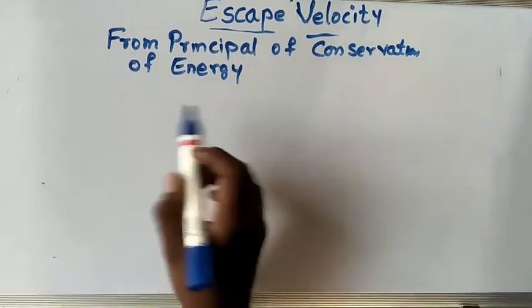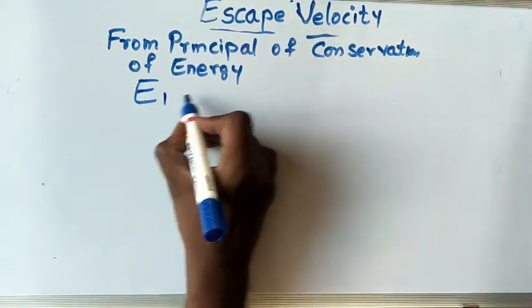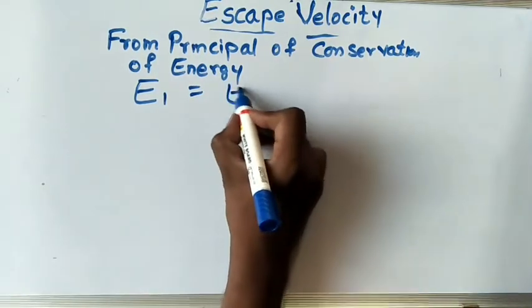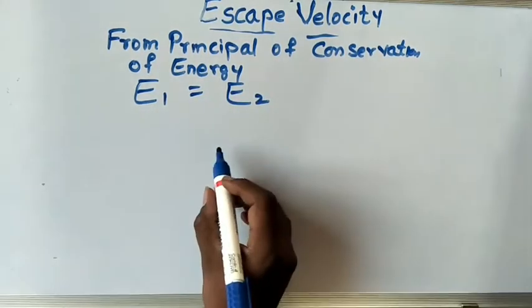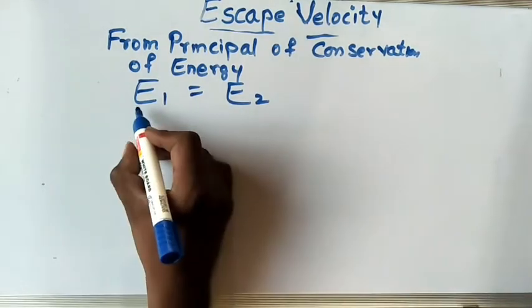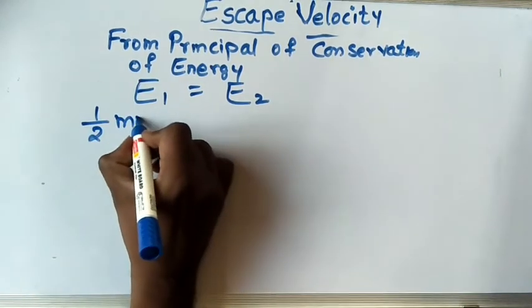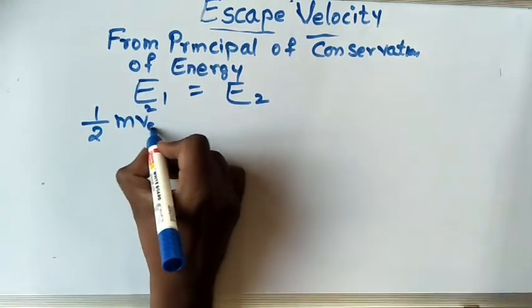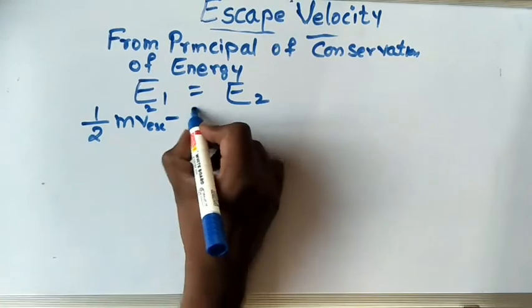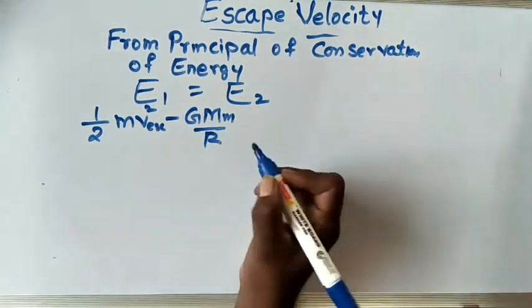From the principle of conservation of energy, we have taken two energies previously. One is E1, the other is E2, in which E2 was 0 and E1 we got as half m v escape square minus GMm upon r.